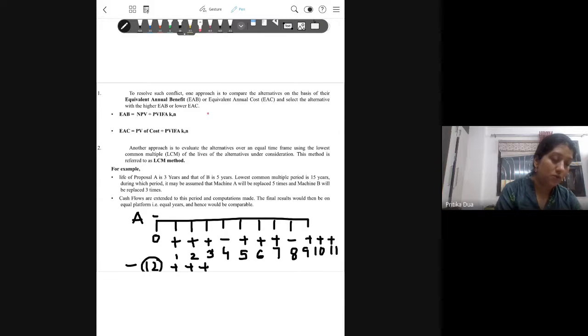So what do we do here is that considering projects with unequal lives, we try to calculate their annual cost or annual benefit, as the case may be, to the firm. And then on an annual basis, we compare their cost.